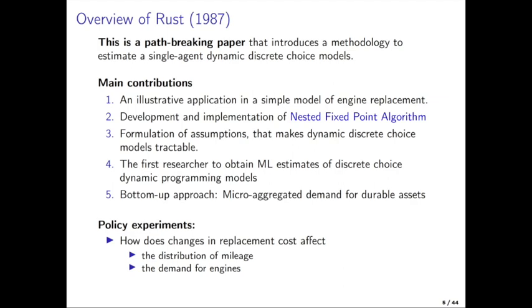The replacement cost, and you get a demand curve implied by the structural model. So this was entirely new at that time. He runs a bunch of policy experiments and considers really how the change in replacement cost affects the distribution of mileage and then the demand for engines.